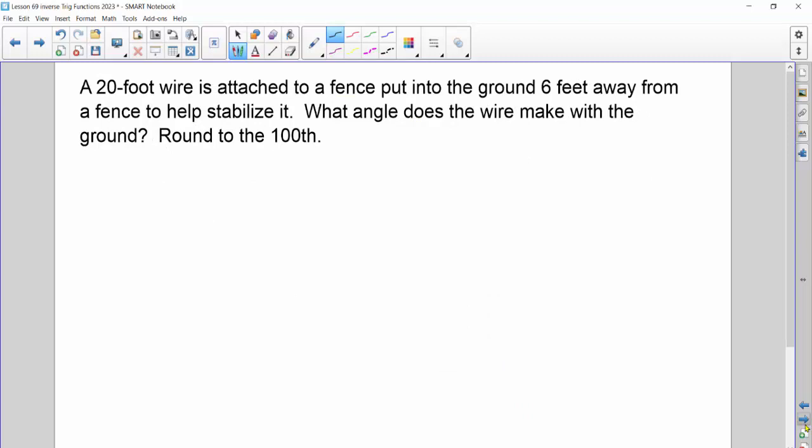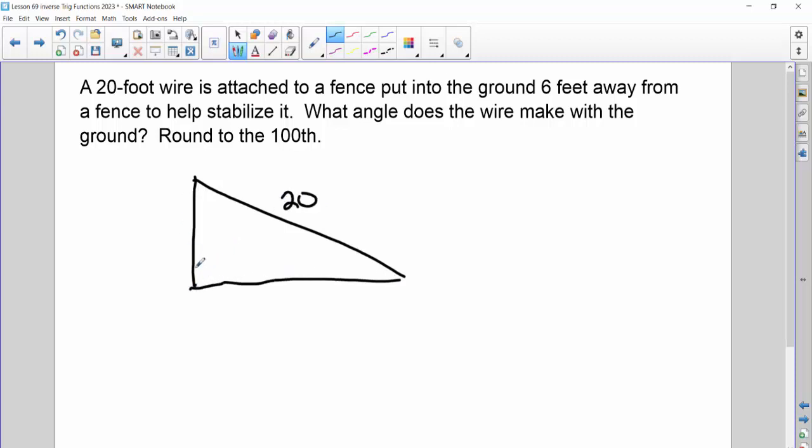Let's do one more. A 20-foot wire is attached to a fence, put into the ground about 6 feet away from that fence to help stabilize it. So let's assume that that fence is here, 20-foot wire here. Assume that the fence is perpendicular and it's put into the ground 6 feet away.